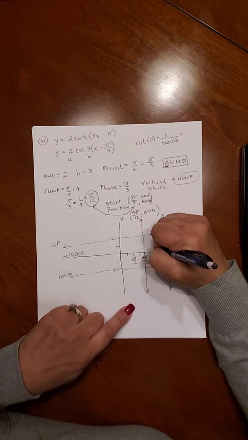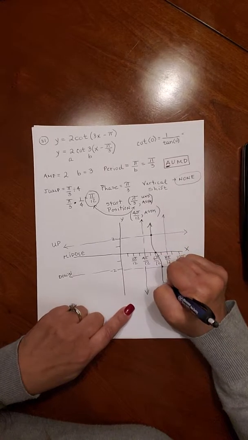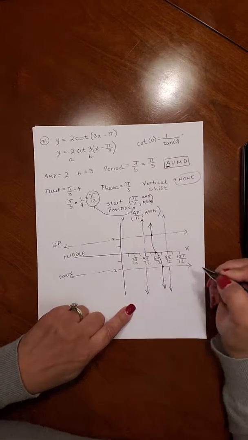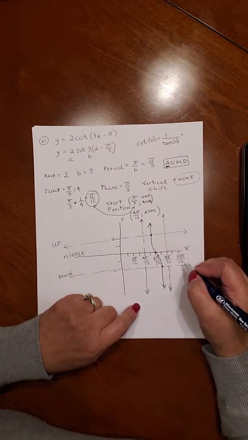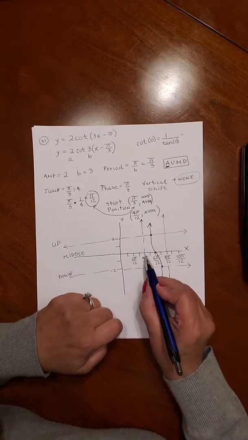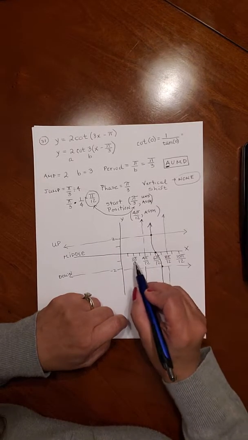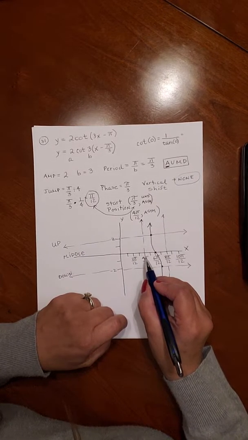Note being familiar with the cotan shape. This is the wave, the sort of waves that you have for tan and cotan. They just go in different directions. And then you might want to do either another wave this way or this way. Notice that the spacing between the asymptotes is the period, which is pi over 3 or 4 pi over 12.